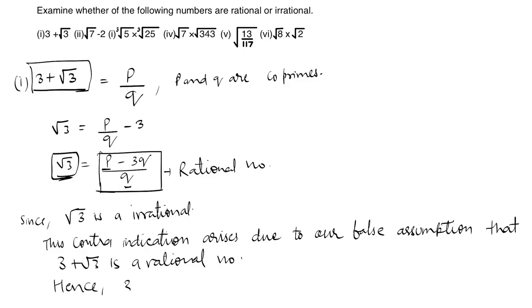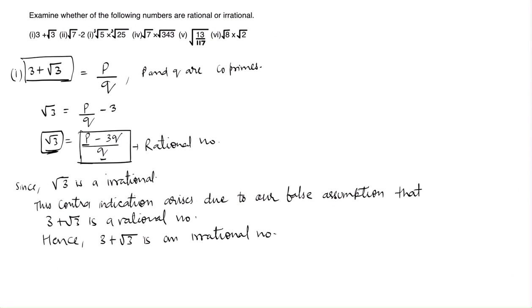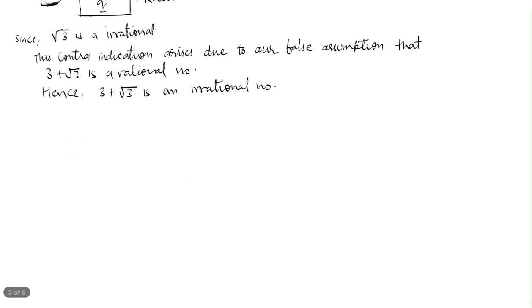Hence 3 plus root 3 is an irrational number.